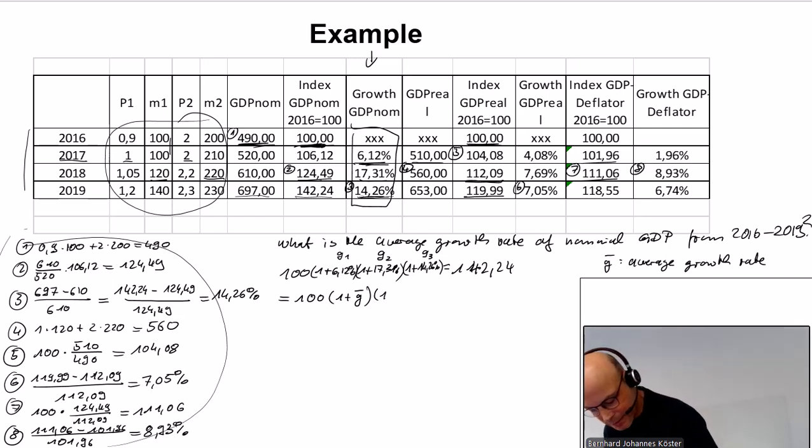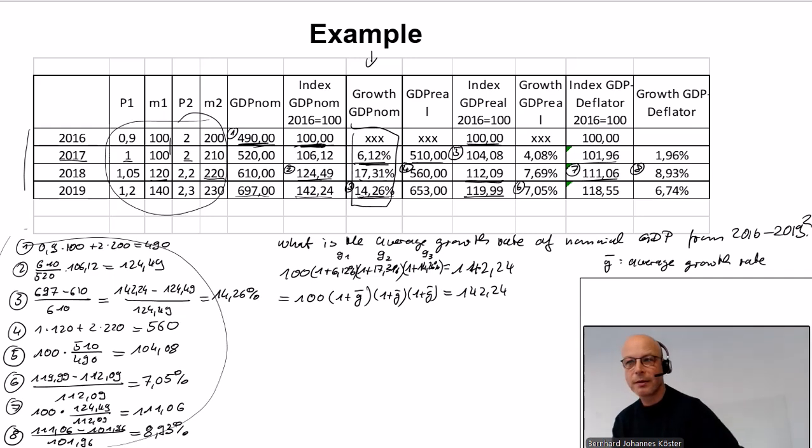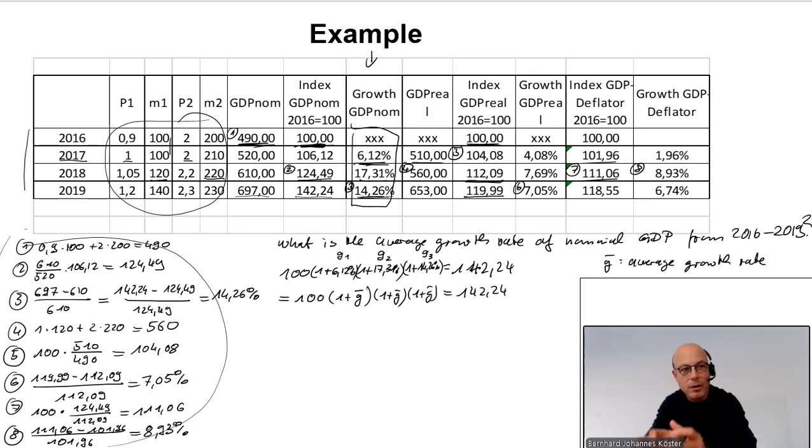So times 1 plus G bar and times the same number also in the third year, 1 plus G bar, this should be also 142. Well, and then see, very surprisingly, this concept of averaging is of course not dependent on the starting and the end point.